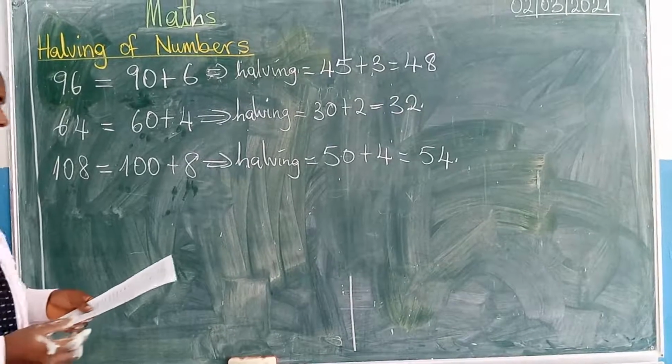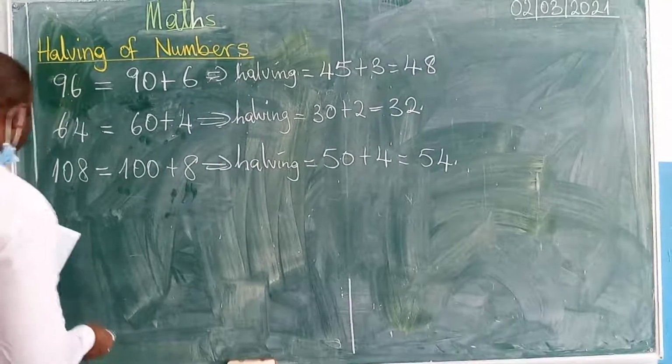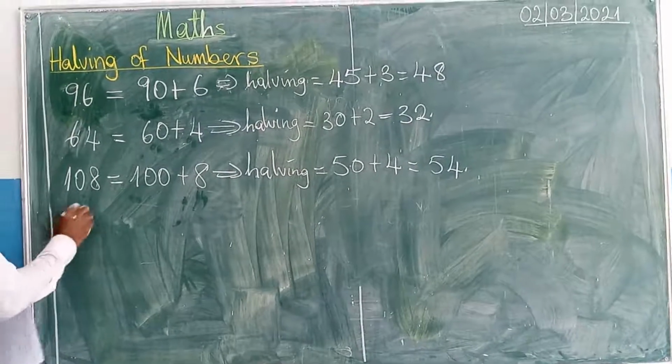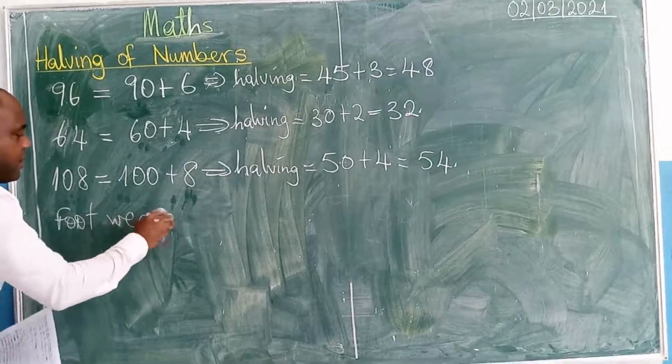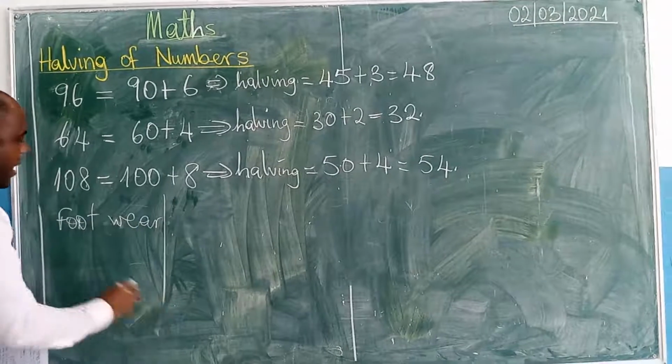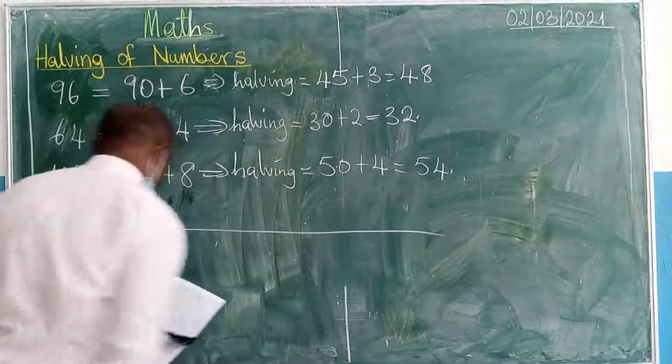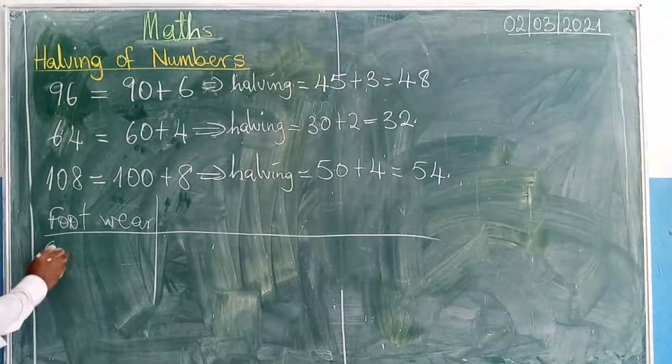Now let's take this example. We have footwear, and then we have the cost price.